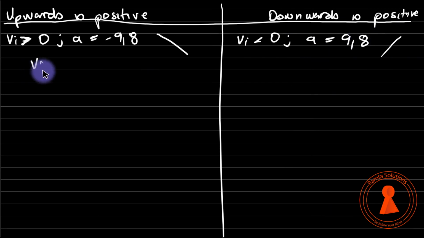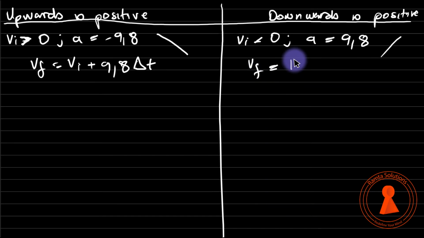So here Vf equals Vi plus 9,8 delta t, oh man, this is minus, so this is plus 9,8 delta t. So our graphs look like this.